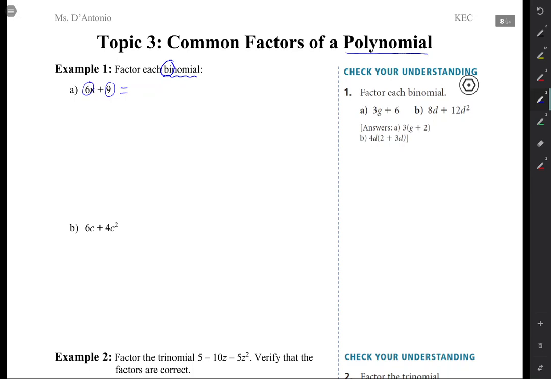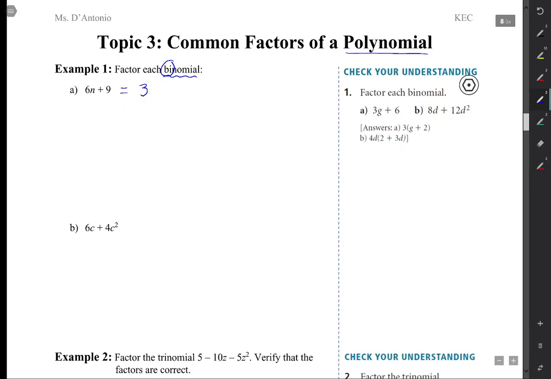The biggest number I can think of is 3. 3 divides into 6 and 3 divides into 9, and there's no bigger number that divides into both. So I'm going to put a 3 out here. This example is a little bit easier because there's a variable in this term, but there's no variable in the next term, so we cannot factor out a variable. The 3 is the only thing we can factor out.